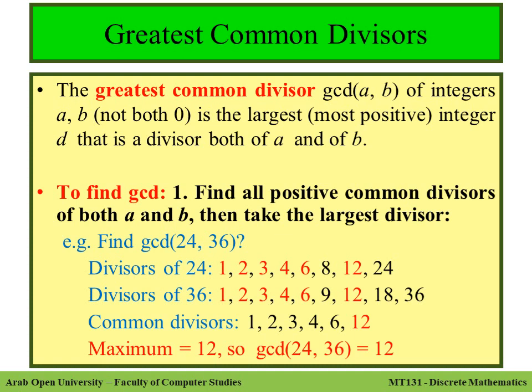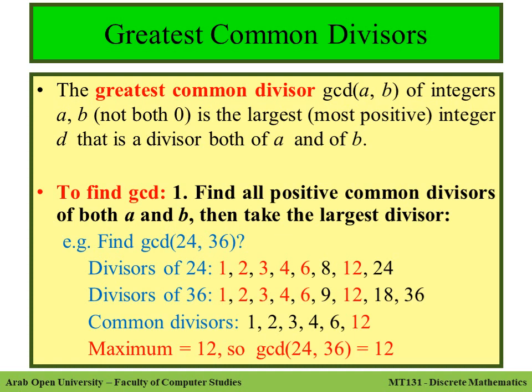The GCD is the largest, most positive integer, D, that's a divisor of both A and B. Of course, greatest common divisor, so it will be a common divisor, and it divides both A and B, and it is the greatest integer that divides both A and B.